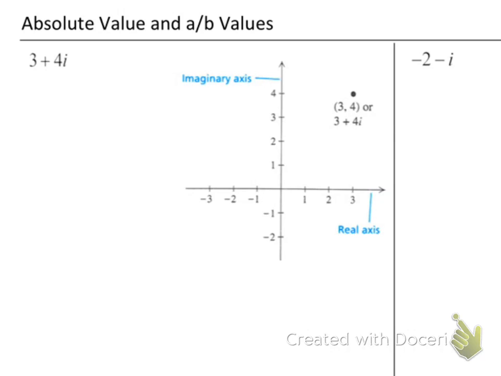So the first one, we're just going to find the absolute value of 3 plus 4i. In order to do that, we need to look at this line right here, which is our absolute value.